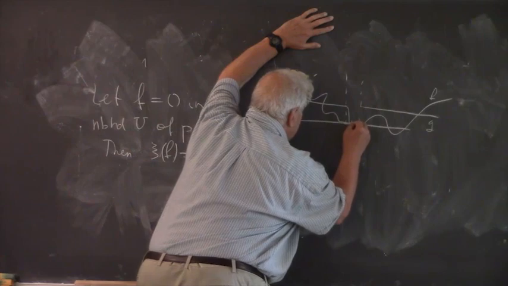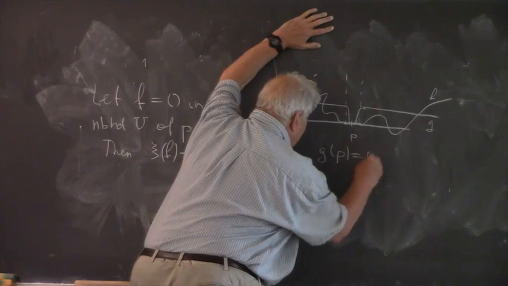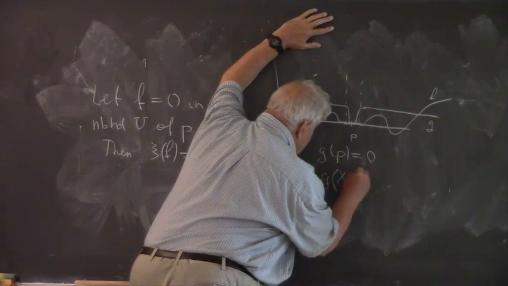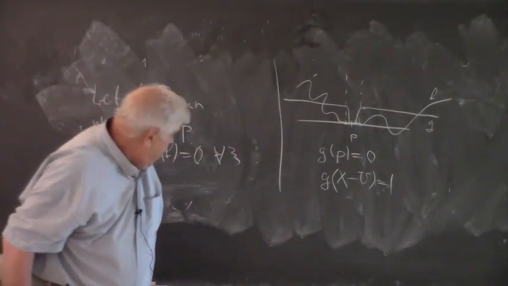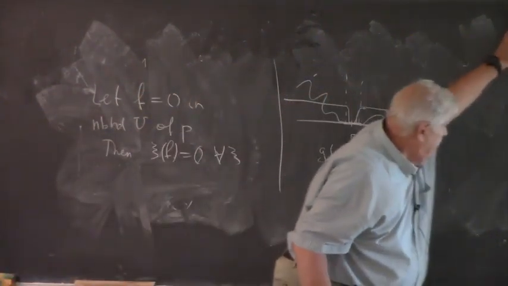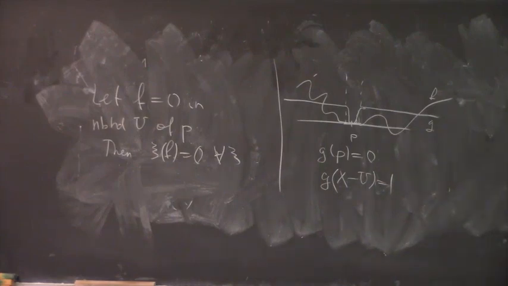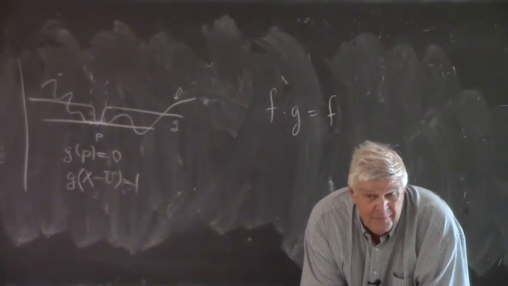Actually at p is all I need. So g of p is 0 and g of x minus U is 1. Also it's a C infinity function. Then if you multiply f by g, you will get f, because where f is not 0, g is 1.